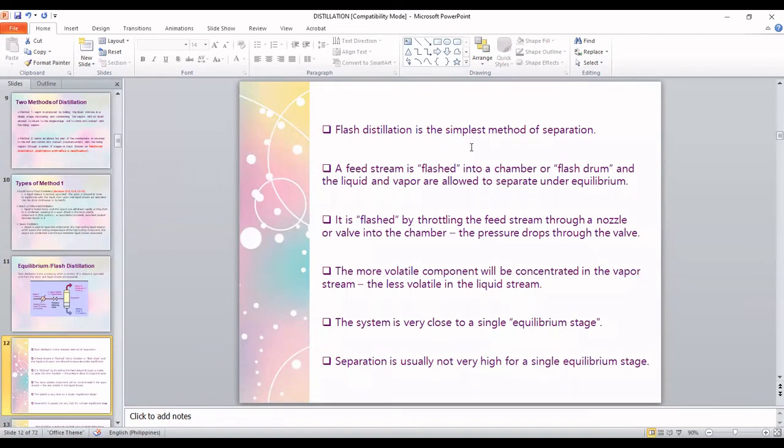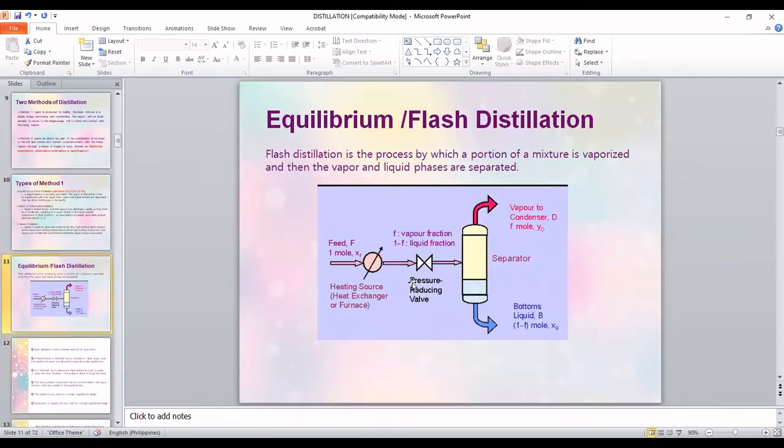Flash distillation is the simplest method of separation. A feed stream is flashed into a chamber or flash drum, and then the liquid and vapor are allowed to separate under equilibrium. Okay, you have this separator in here between your bottoms liquid and your vapor that goes to your condenser to be turned into liquid.